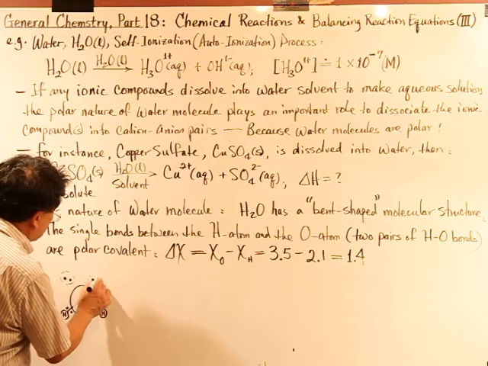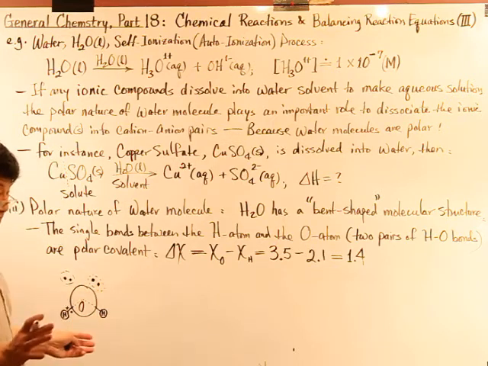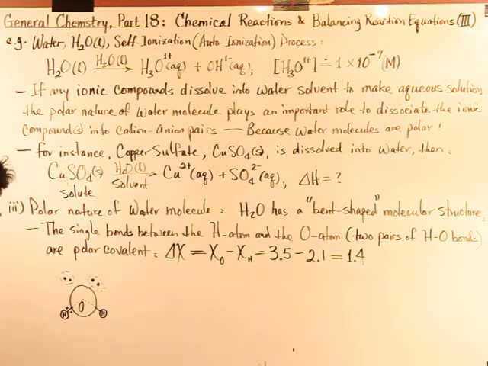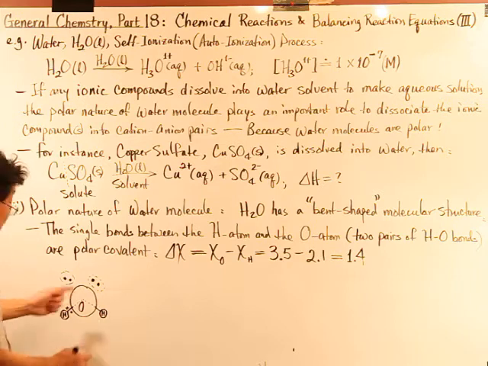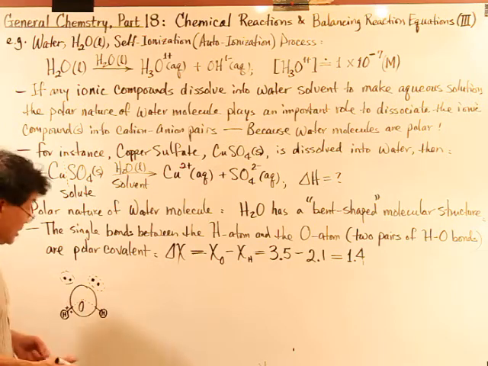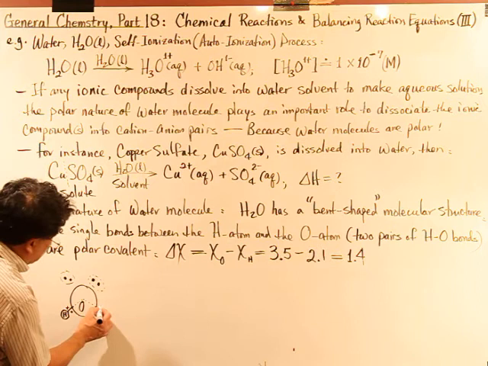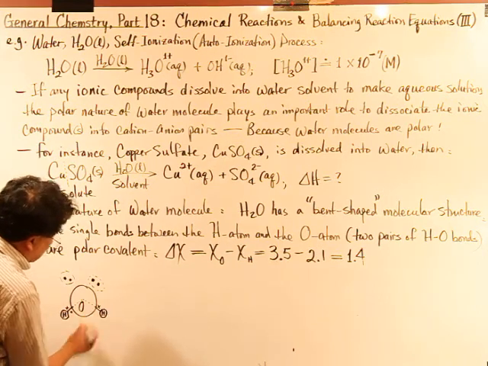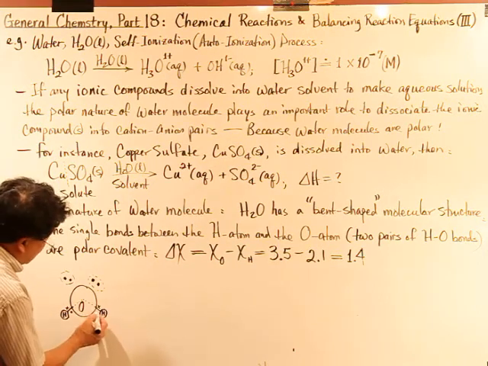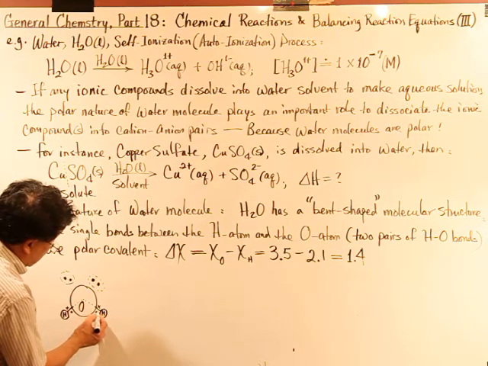Those 4 electrons are all negatively charged, and they repel other electrons or bonding electron pairs. So here you have another hydrogen electron and another oxygen electron.